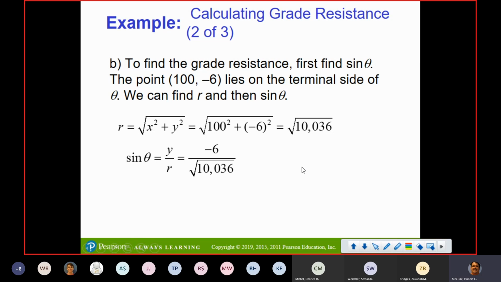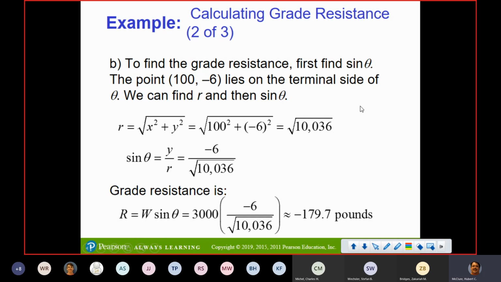So the hypotenuse is the square root of 10,036. That's the hypotenuse. And now you can find the sine, cosine, and tangent. Okay, I'm not going to spend a lot of time on this because it's just like the problem I just gave you.